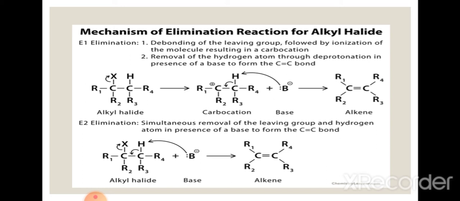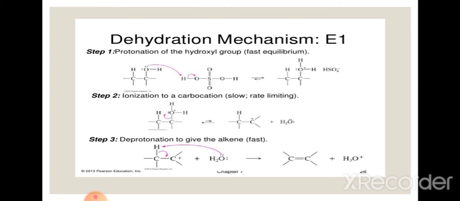You can see how alcoholic KOH, in an alcoholic medium, reacts with the alkyl halide. This is a typical example of the elimination reaction. Elimination reactions are also of two types, E1 and E2. E1 means unimolecular elimination reaction.